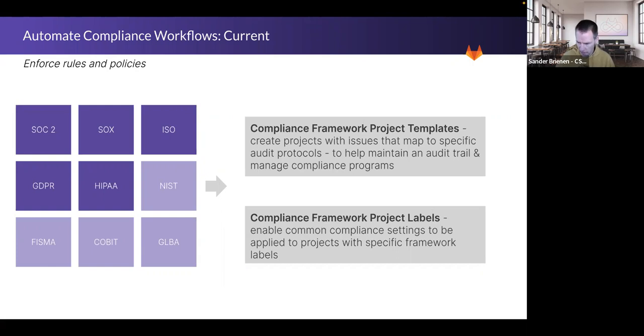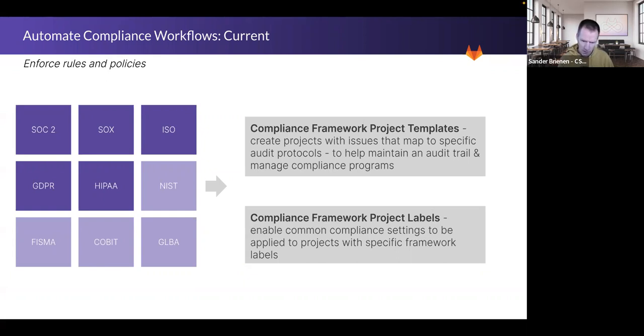These project templates can be applied to groups, and all projects in that group have to use that project template. To expand on those, GitLab also offers compliance framework project templates where you can create projects with issues that map to specific audit protocols, so you can help maintain an audit trail and manage compliance programs.